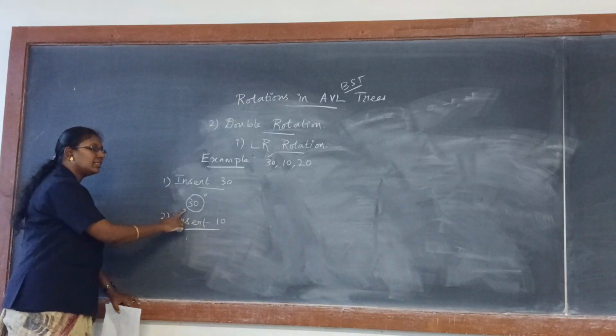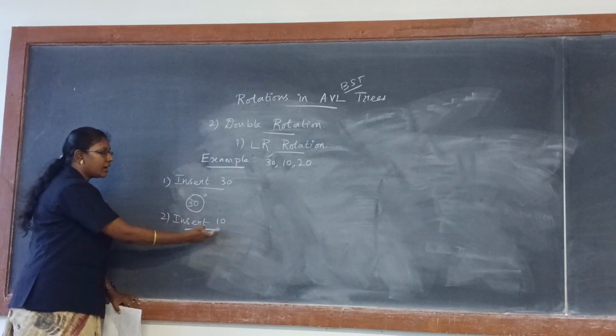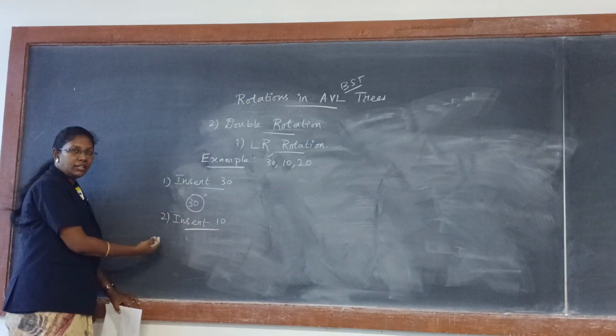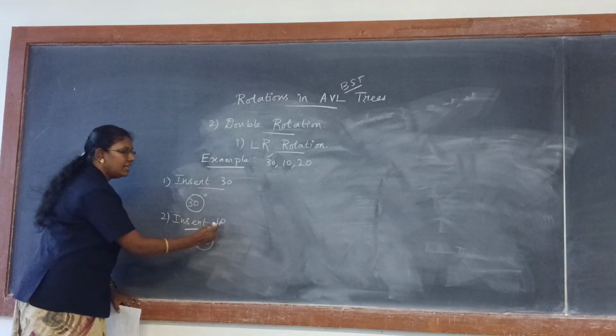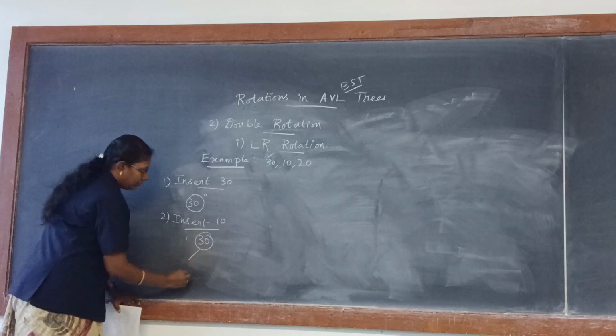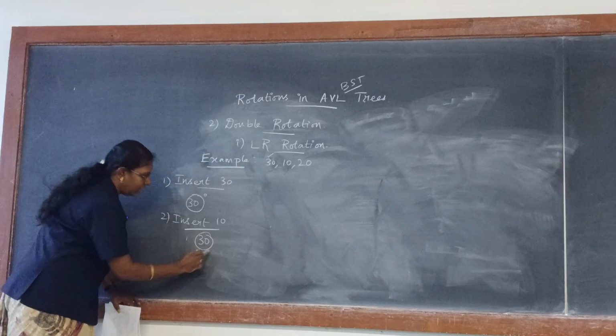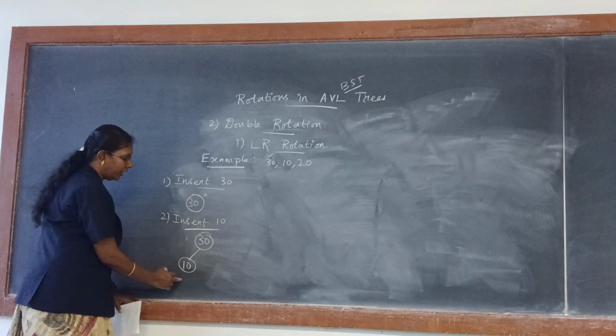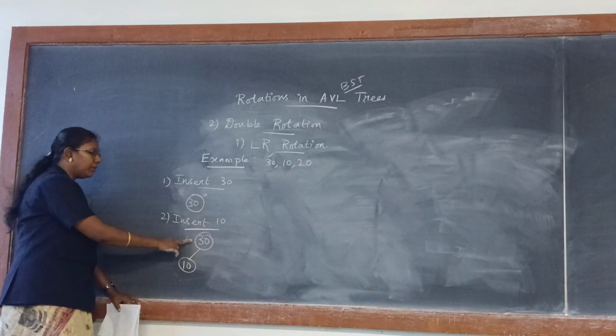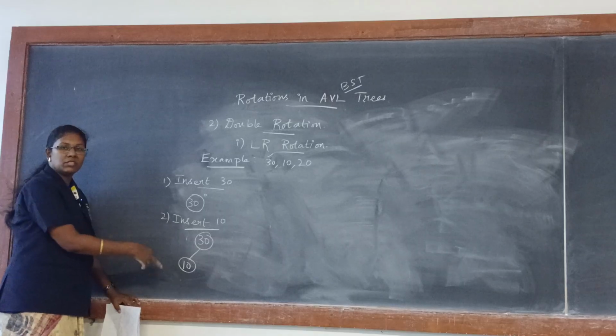So if I am taking this 30 as the parent node, then 10 must come towards the left side of that parent node. So 10 is less than 30, and I am inserting 10 to the left side of this 30. Okay, so here 30 becomes the parent node and 10 becomes the leaf node.